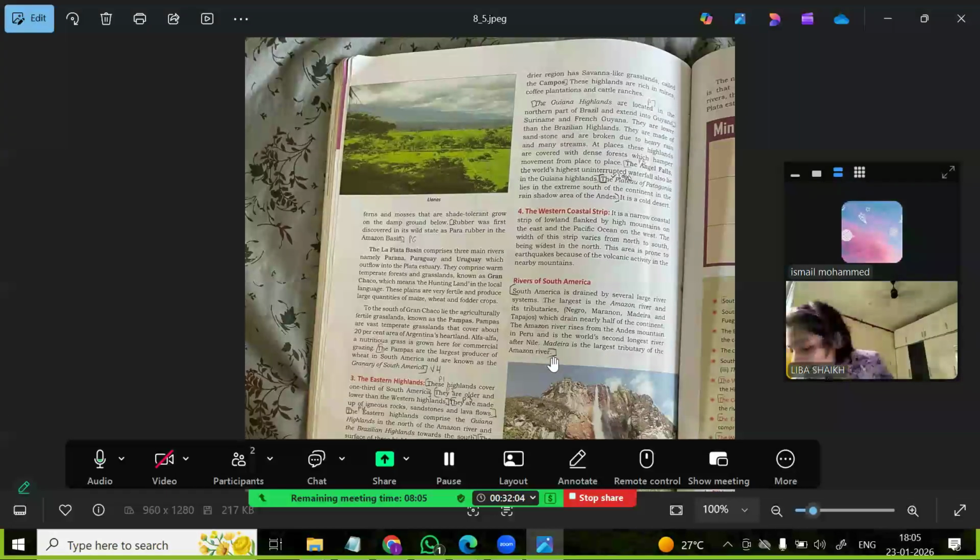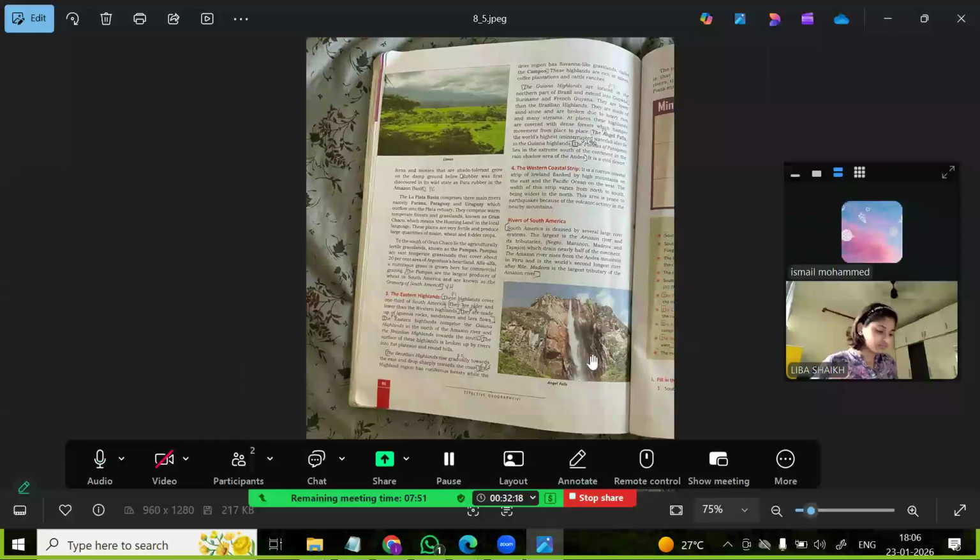Out of the four tributaries, Madeira is the longest. Like you see here, this is the Angel Falls, the highest waterfall in the Guiana Highlands. So this is about the rivers of South America.